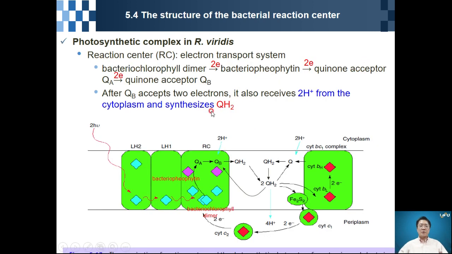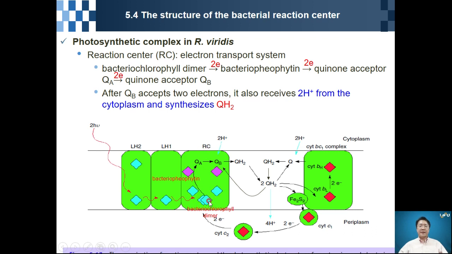So now we will focus on the reaction center. So this is the reaction center. The reaction center has the electron transport system. After the bacterial chlorophyll receives the photons, the bacterial chlorophyll becomes a dimer in the reaction center.